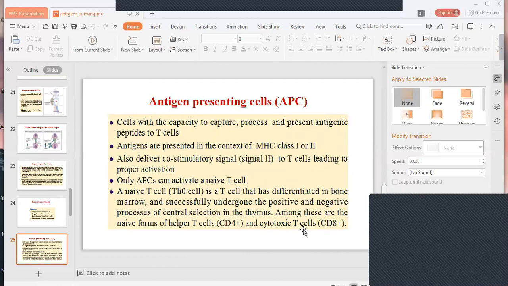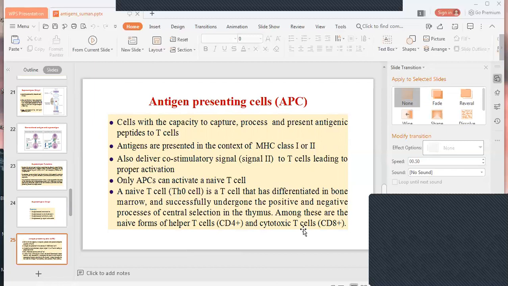Now I'm coming to antigen presenting cells. They are a very important component of the immune response. So what are the cells with the capacity to capture? We can say that these are antigen presenting cells.